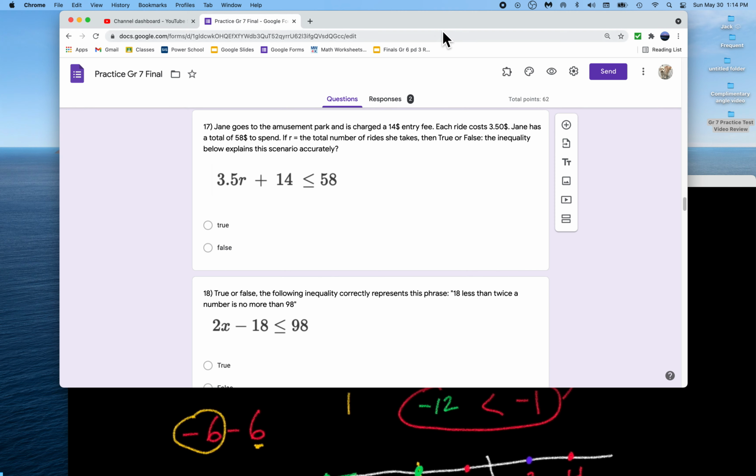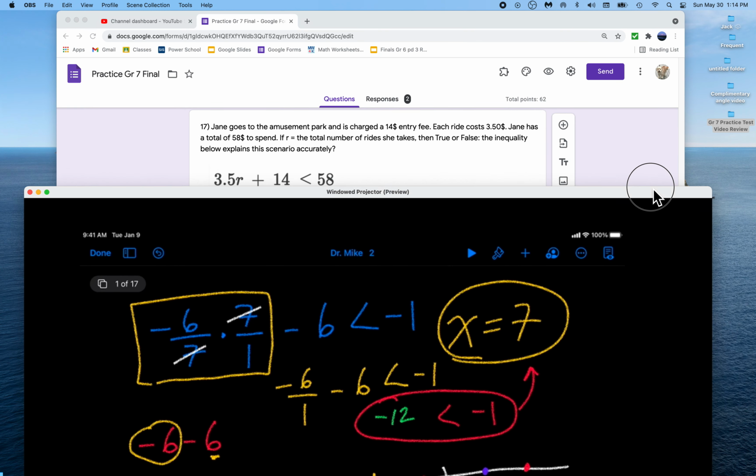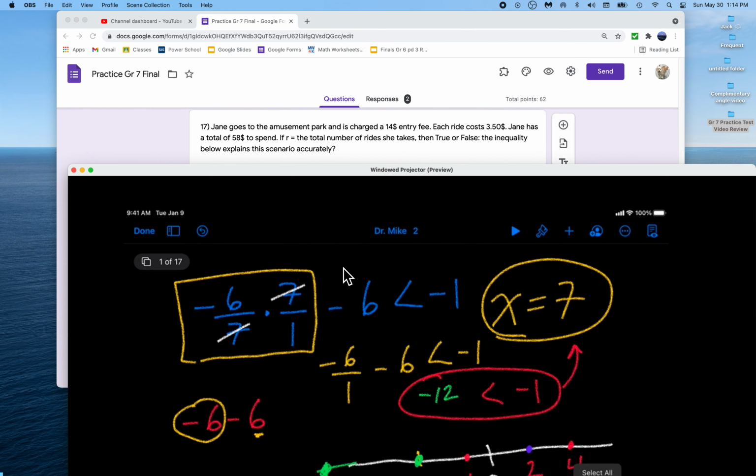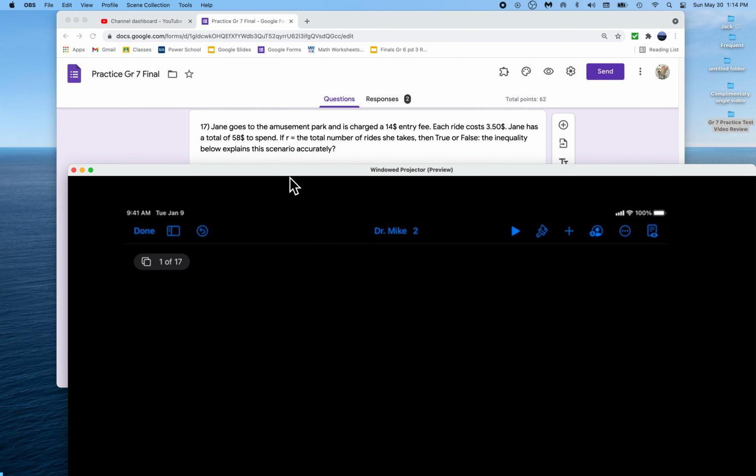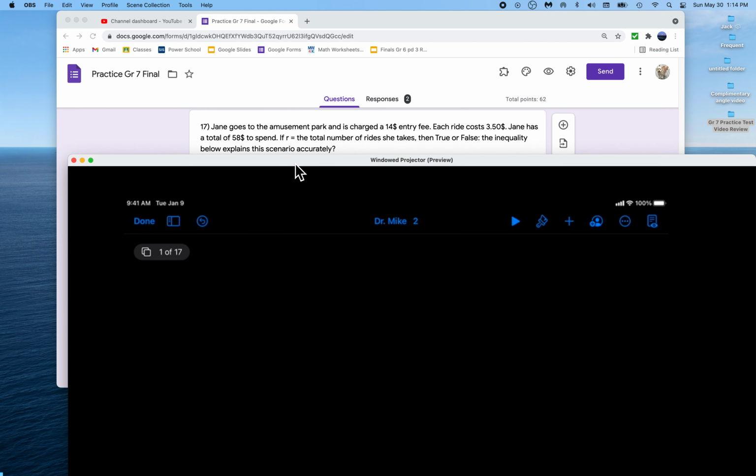Okay, another word problem. We're going to take our time and we're going to convert words to math. Here we go. Jane goes to the amusement park and is charged a $14 entry fee. Okay, so right there, she's charged $14. Each ride is $3.50. Whenever you see that term each, that means the variable is going to be involved.